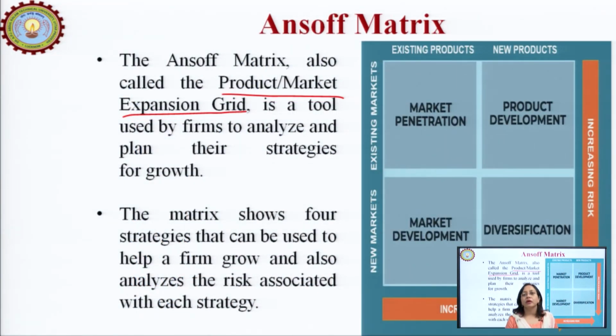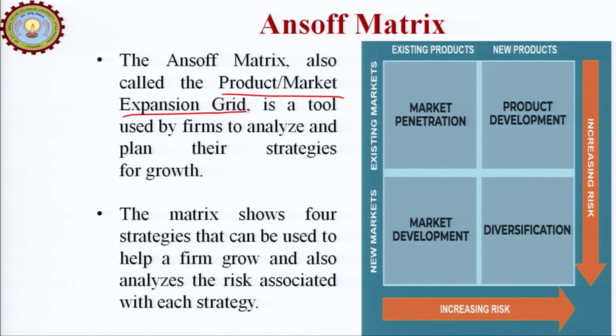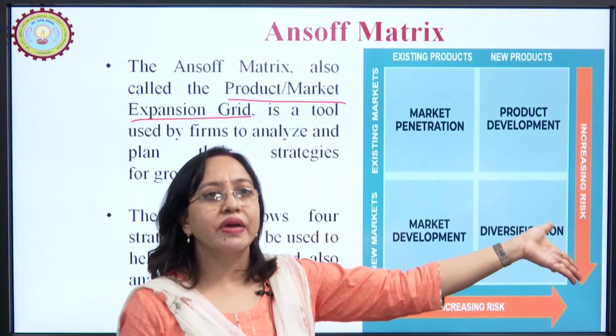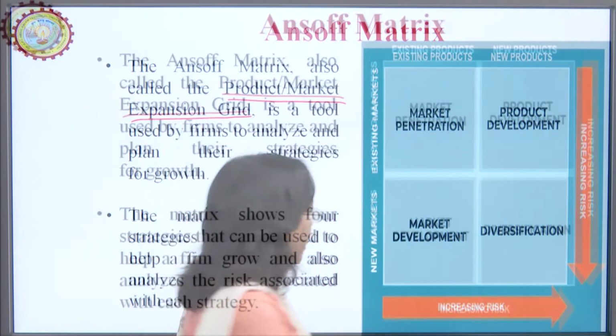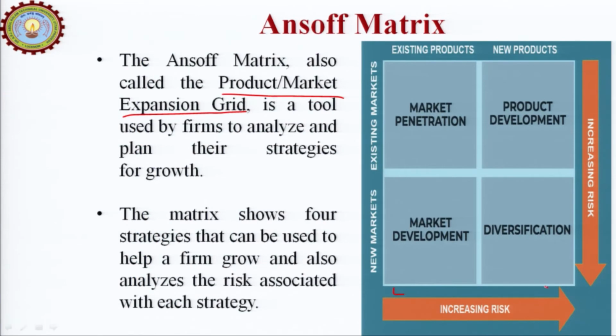So, let us take a look at the diagram we have. On the x axis we have taken risk, from low to high, and on this side the risk is increasing. So, the risk is high here and low on this side, right.